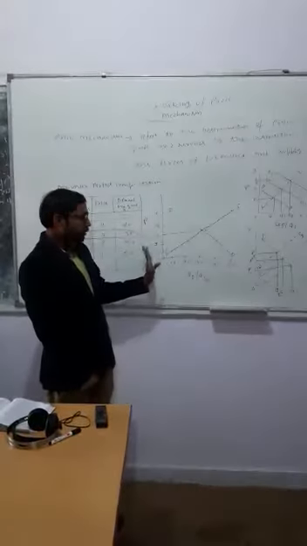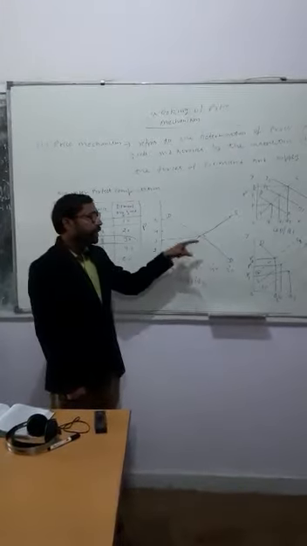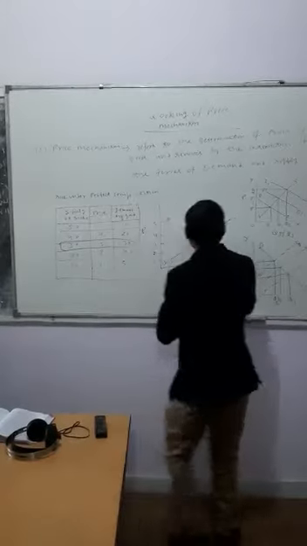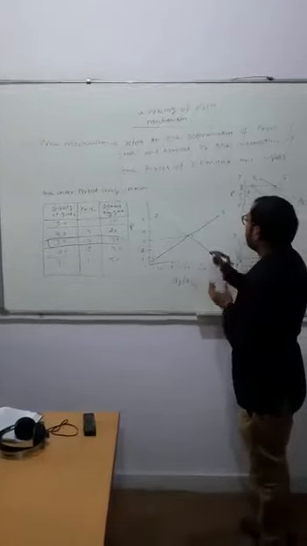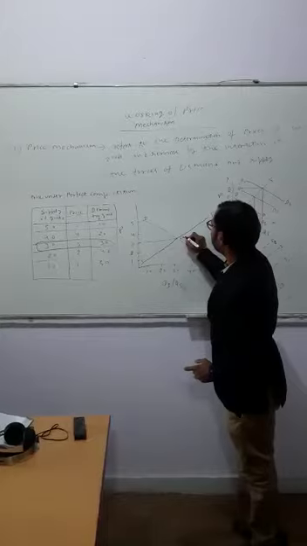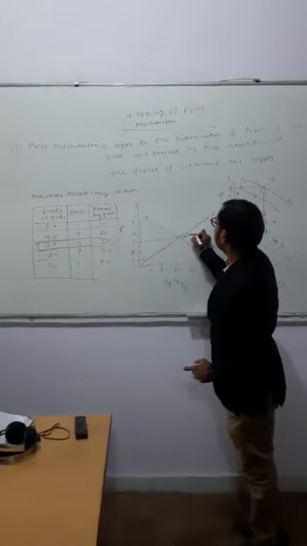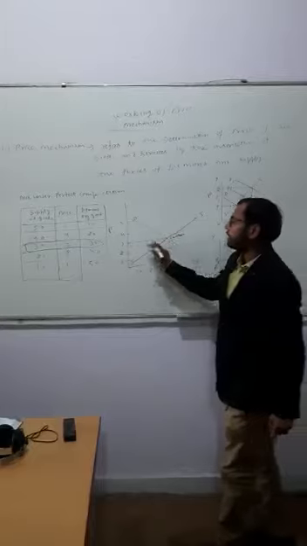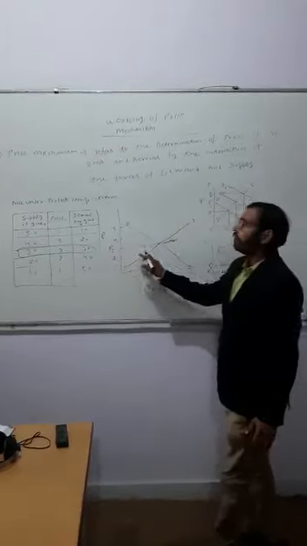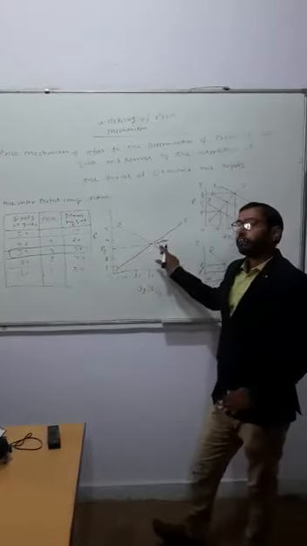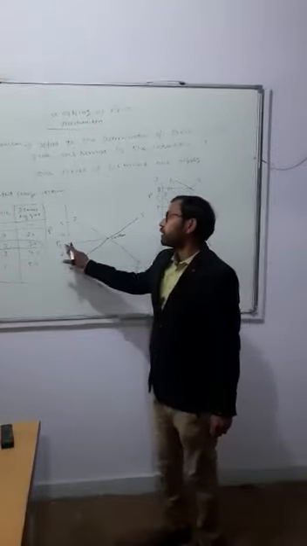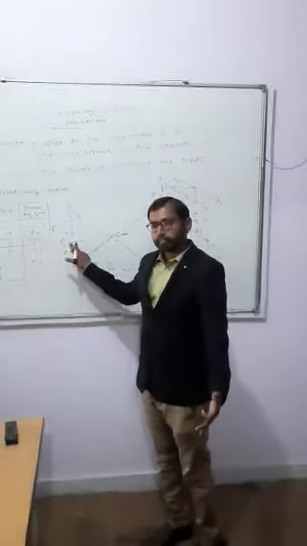When the demand and supply curves intersect each other, this is called point E. This is the market equilibrium, and this price is called the equilibrium price, PE.